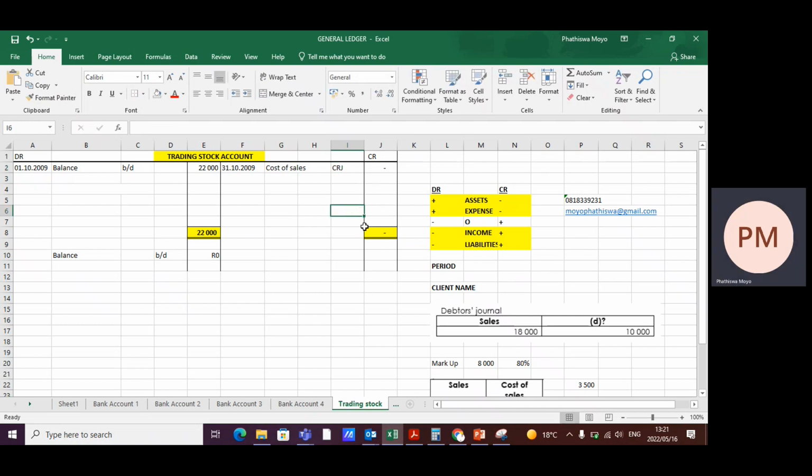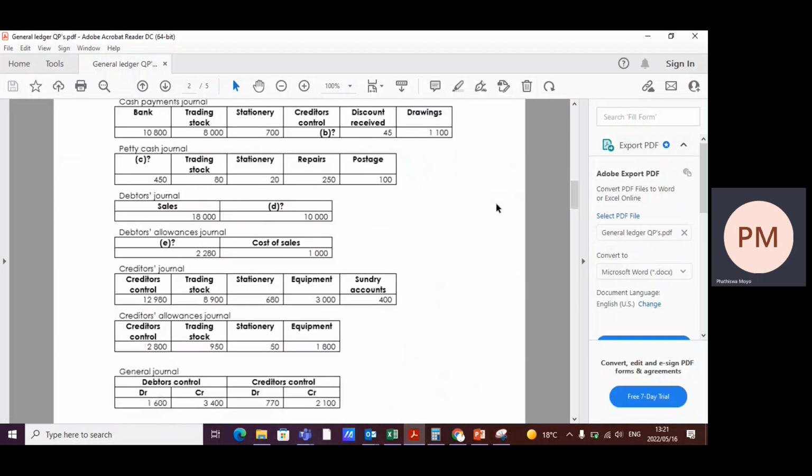Okay? But now they've given us the sales, they did not give us the cost of sales. But in the debtors journal here, which is where we make sales on credit, they gave us the amount and the cost of sales.